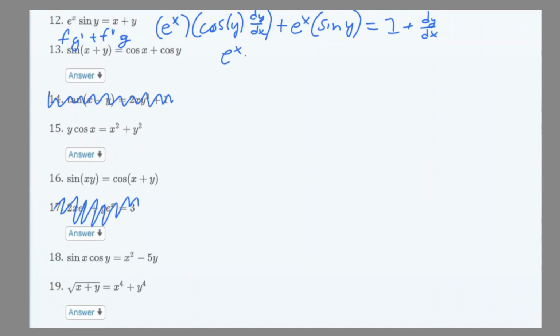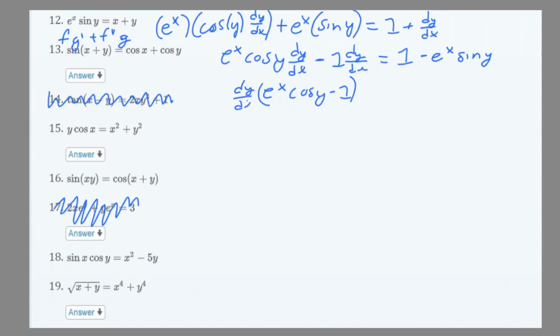We would get e to the x cosine y dy/dx minus 1 dy/dx is equal to 1 minus e to the x sine y. And now we could factor out this dy/dx. So if we factor that out, we would have e to the x cosine y minus 1.